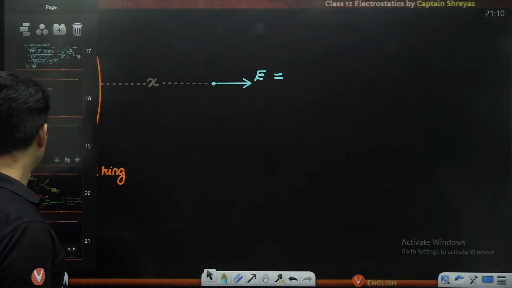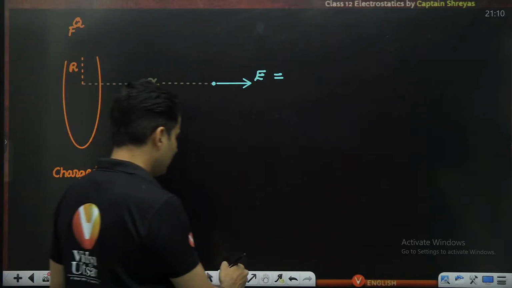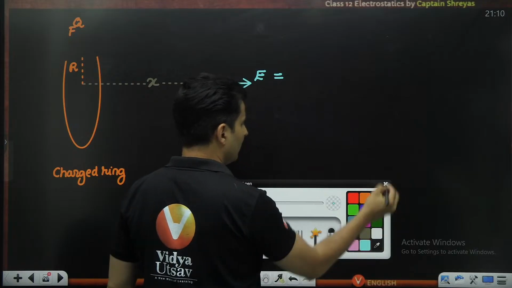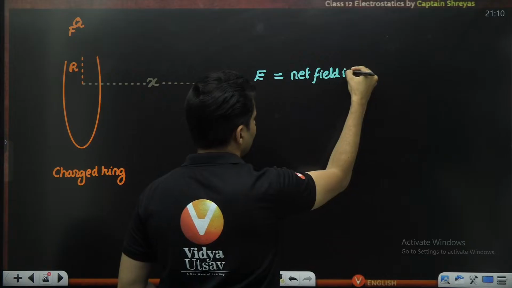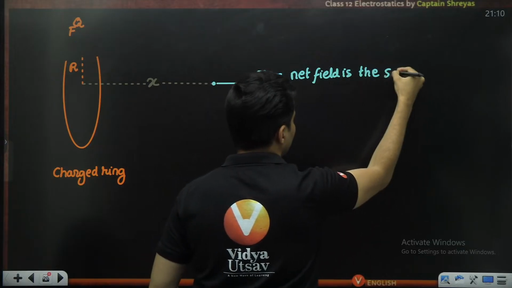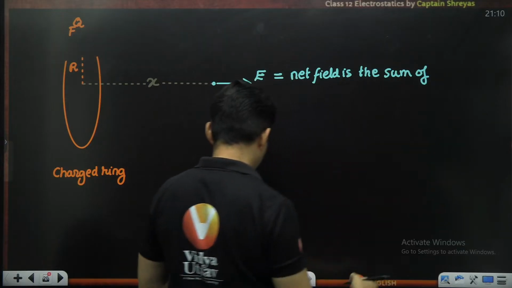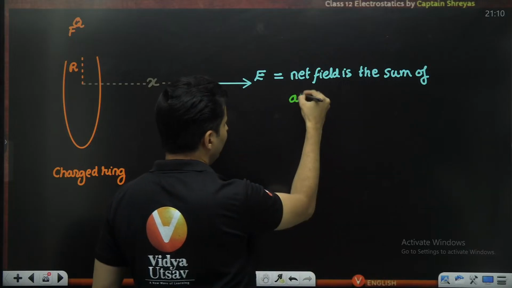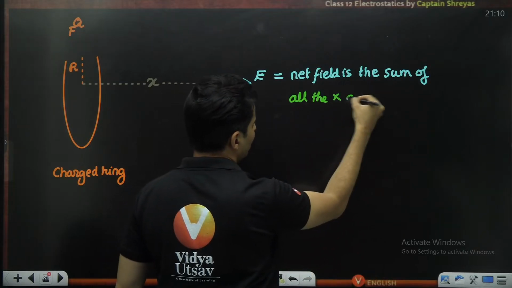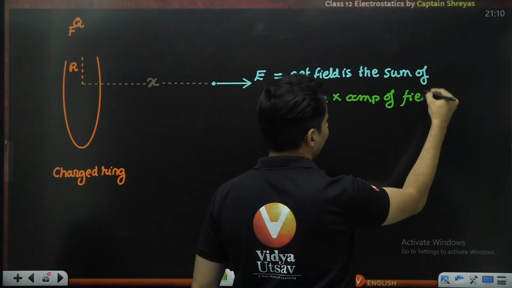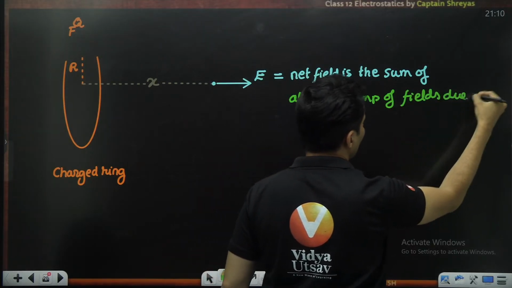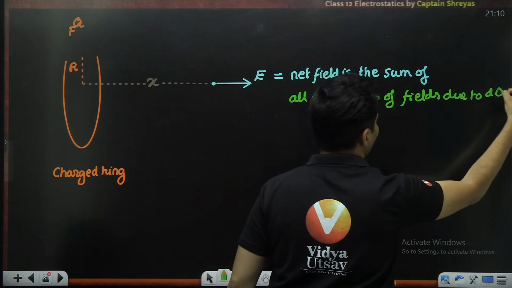When I try to find the net field, the net field is the sum of all the x components of the fields due to the dq charges.